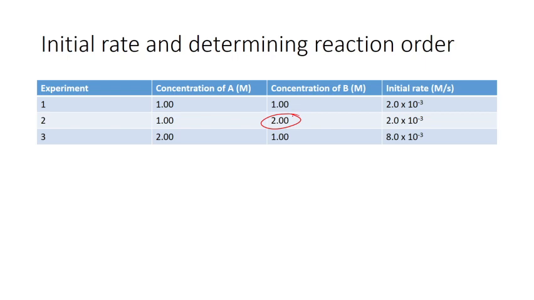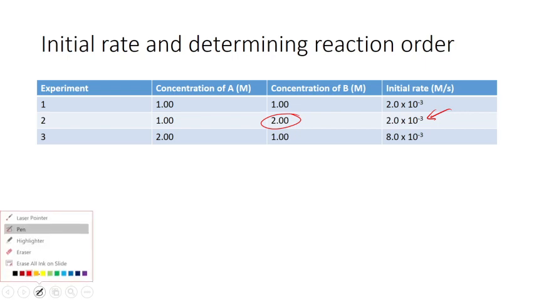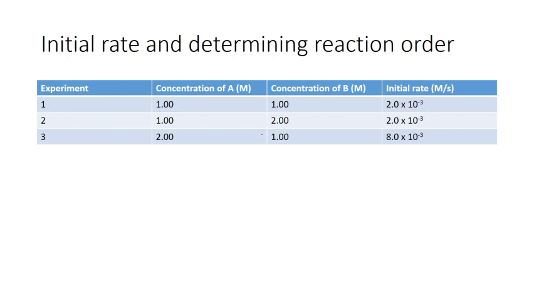Like when we double the concentration of B, nothing happens to the rate, right? Which means that the concentration of B has no effect on the rate. When we double the concentration of A, our rate does increase, right? Which is going to give us some information about that.